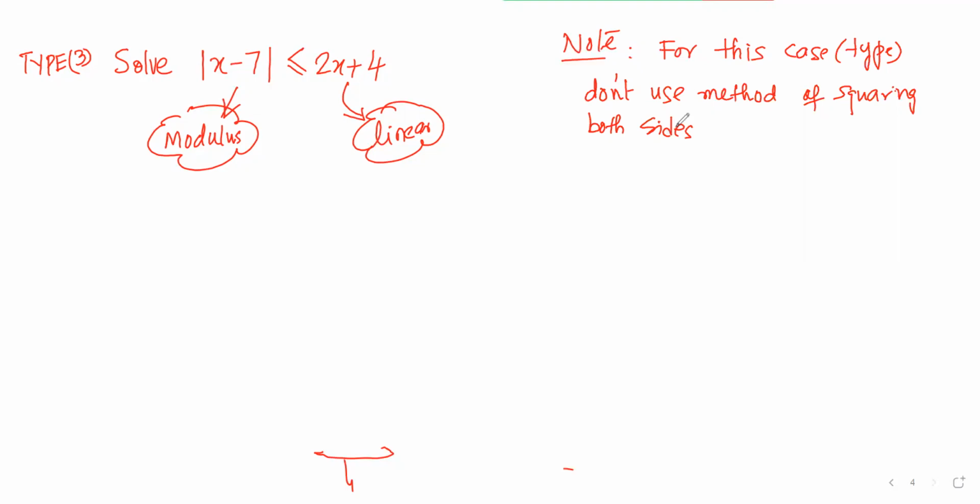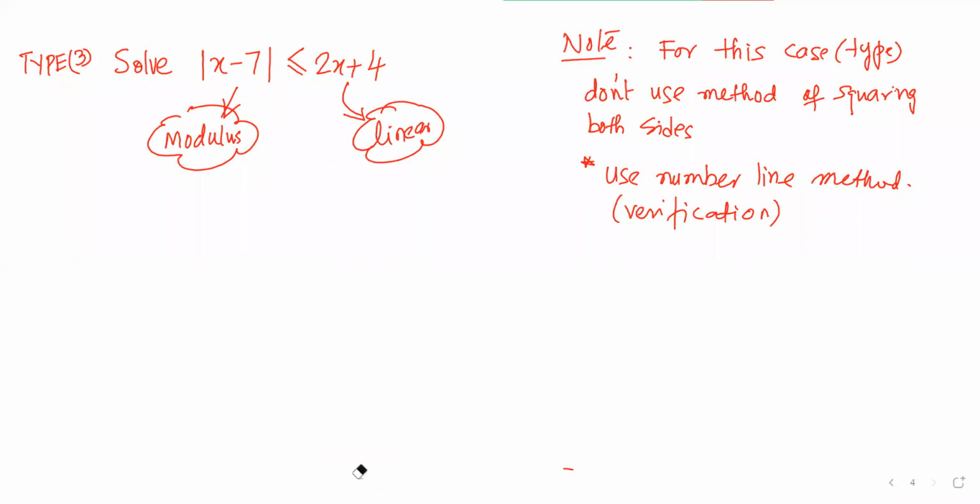So then what is the method? Use the number line method. Use a method of verification for handling such cases. The solution is simple.